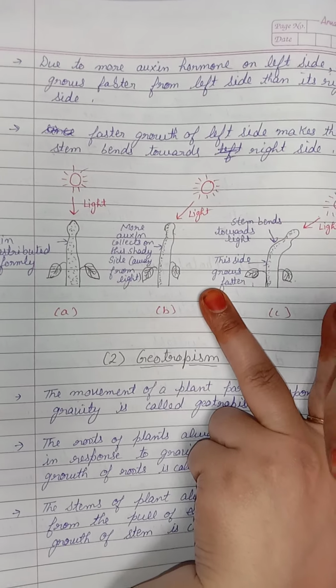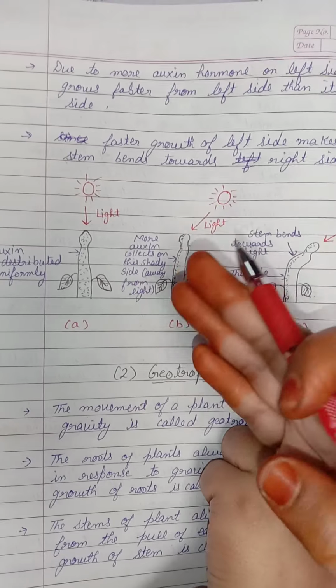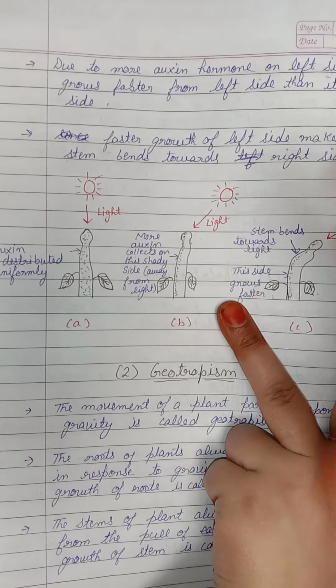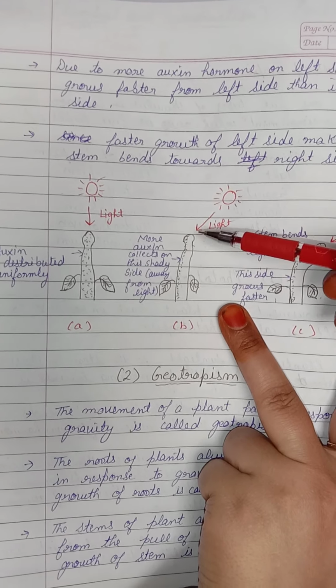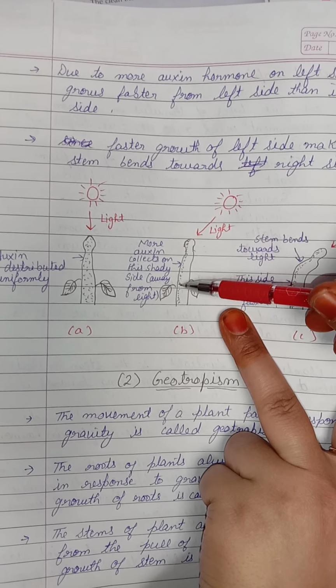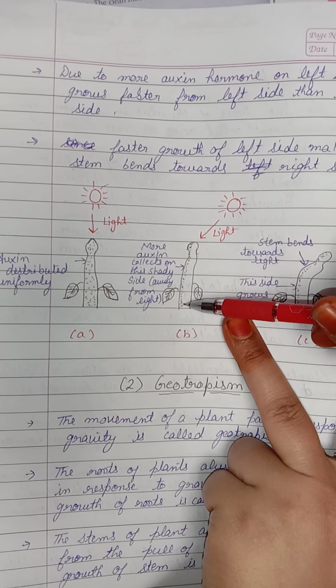When there is sunlight, auxin moves towards the dark area, where there is shade and no sunlight is reaching. So here the sunlight is coming from the right side, which means the auxin will collect on the left side. You can see in the diagram that the auxin is being collected on the left side.